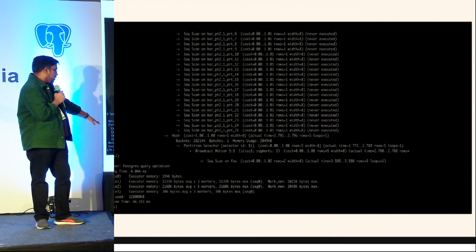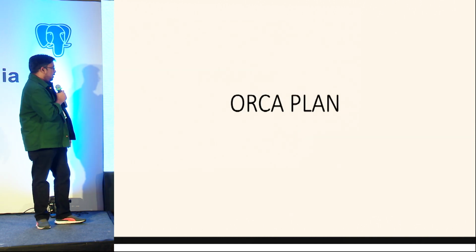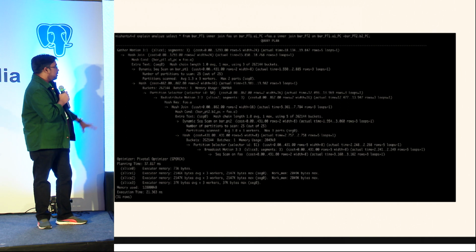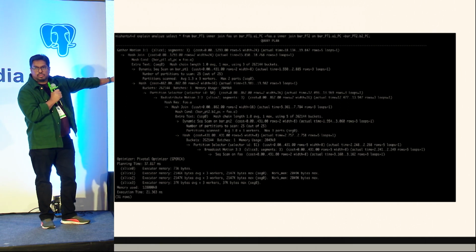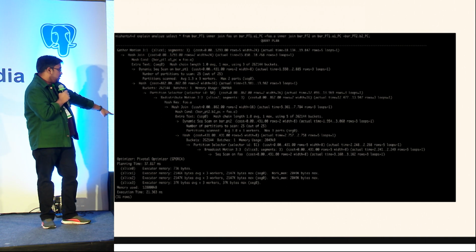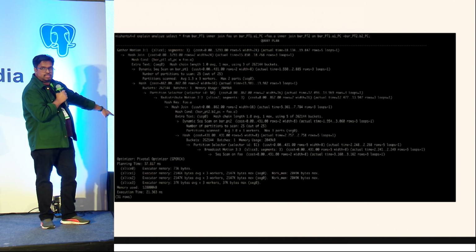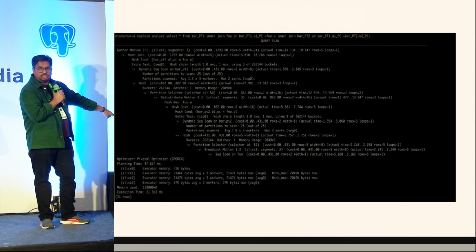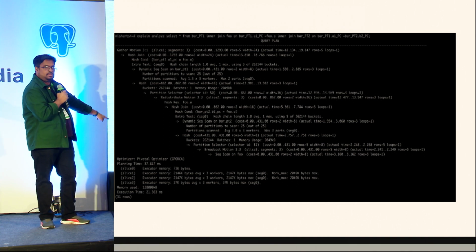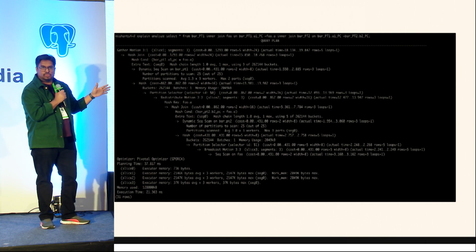The approximate execution time is around 46 milliseconds based on the scans. And then if you compare it with the optimizer plan, this is what it provides, much more compressed. And because it's done during runtime, I'm assuming it's taking around 21 milliseconds, which is less than half the execution. So you can clearly see the differentiation between the 2.